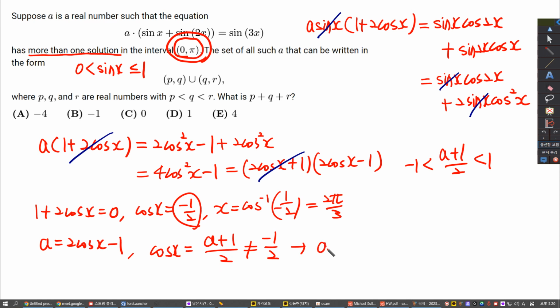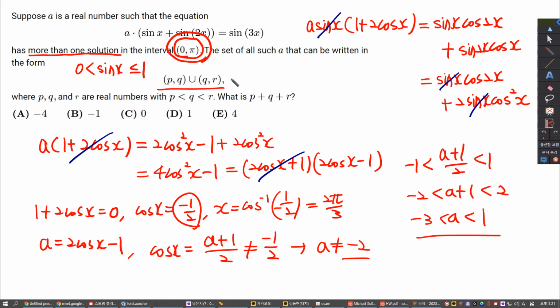That means a cannot be minus 2. And when you solve this inequality, you can combine these two to find this value.